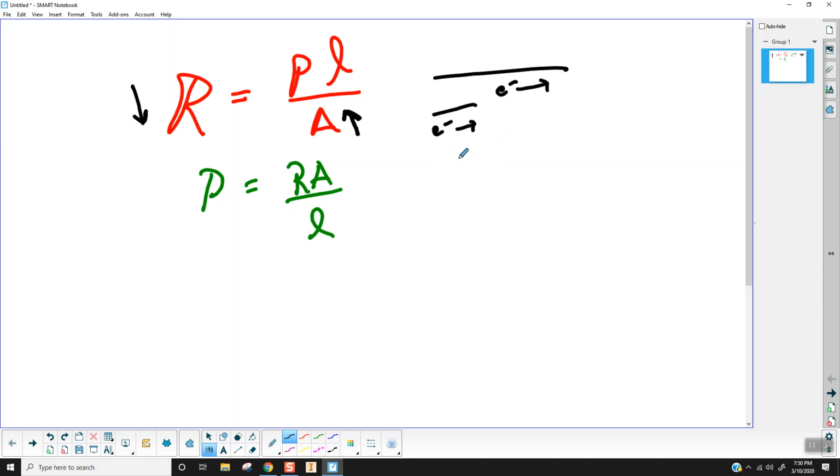However, if I were to take that same piece of wire with the same length, but give it some thickness, I've now given the electron more paths to go through that material. Because of that, there's less resistance. There are more paths to go, so more electrons can flow more easily. And so you notice that if we increase the length, resistance increases. If you increase your cross-sectional area, then your resistance will decrease.